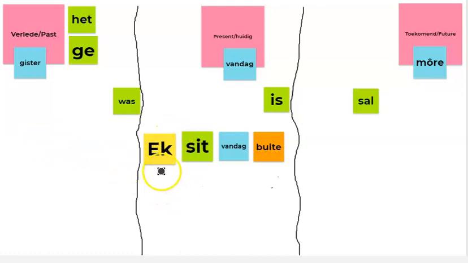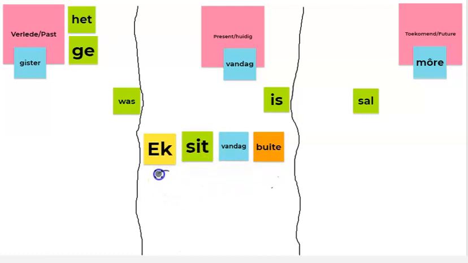When I say ek sit vandag buite, if I translate it directly into English, it's I sit today outside. That's because today will always be after the verb. If you just remember that vandag, our time traveling word, attaches itself always to the first verb in the sentence, then you'll be fine.